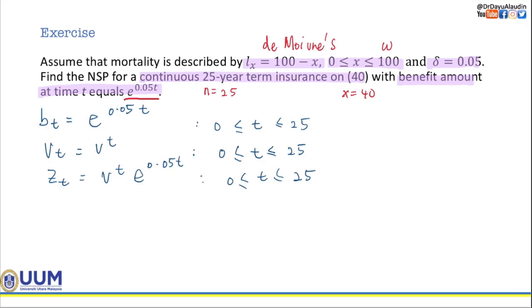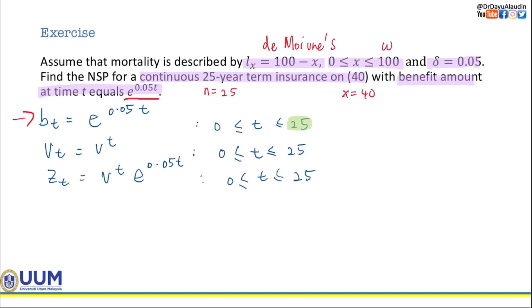First we determine the bt and vt to find the present value zt. The bt is e^(0.05t). It is an increasing function, and since it is term insurance, the payment will only be made if the death happens within 25 years.